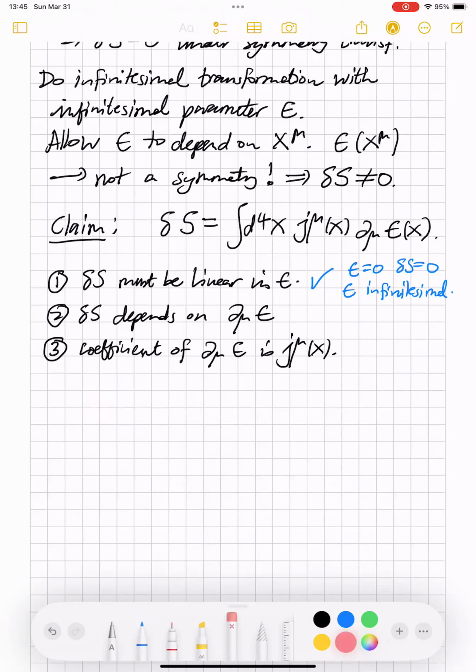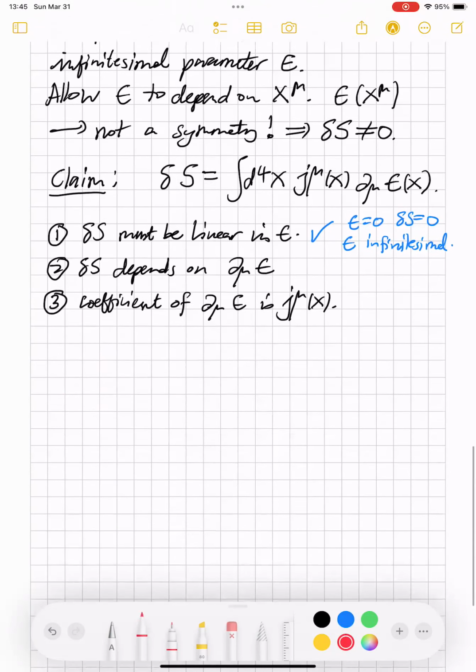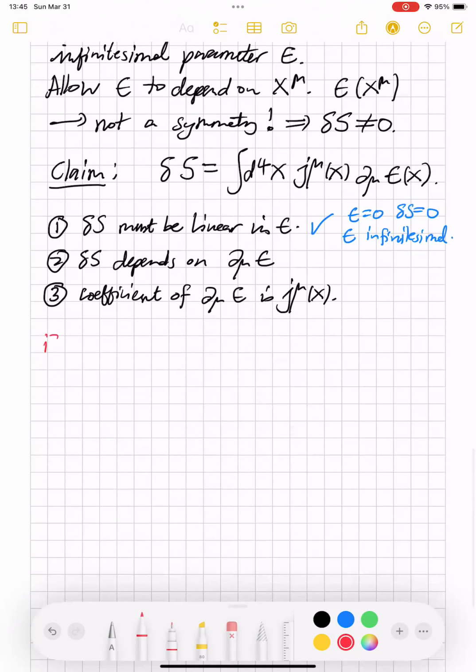Why should it depend on d mu epsilon? Well, I've said epsilon is some function of x, but if I choose epsilon of x mu to be a constant, if I simply made that choice, then I am doing a symmetry, and delta S has to be equal to 0.